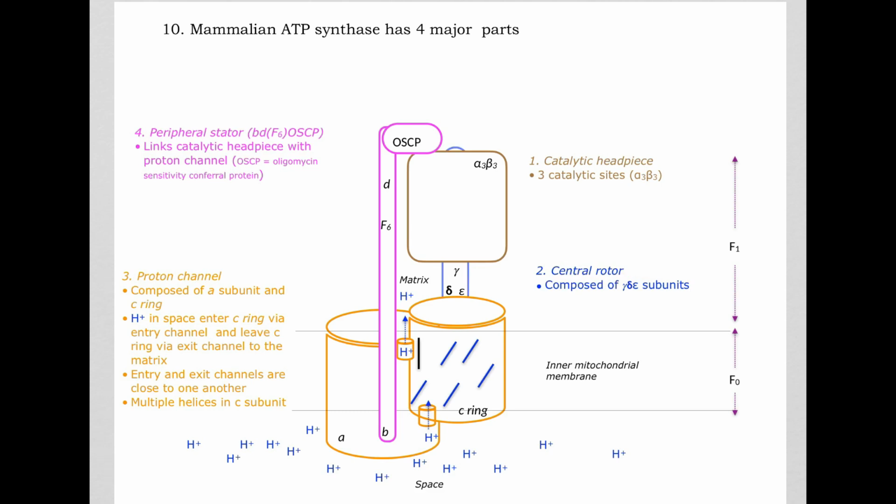The third part is the proton channel. This is composed of the A subunit as well as the C ring. Note that the proton channel has a proton entry channel, and through this channel protons from the space can enter the enzyme.